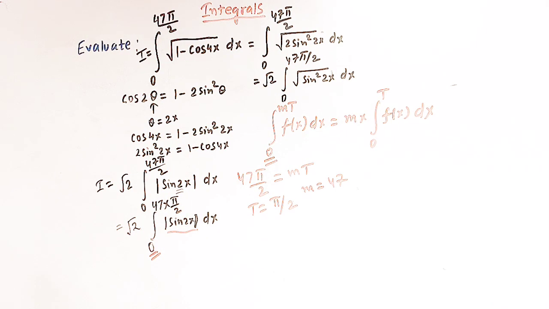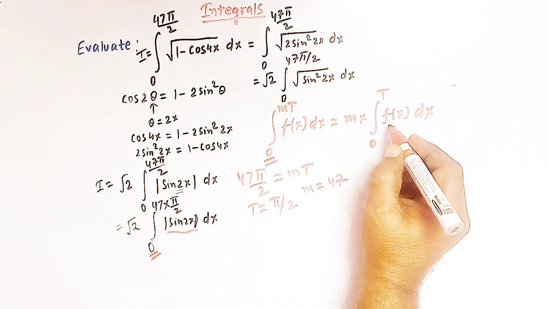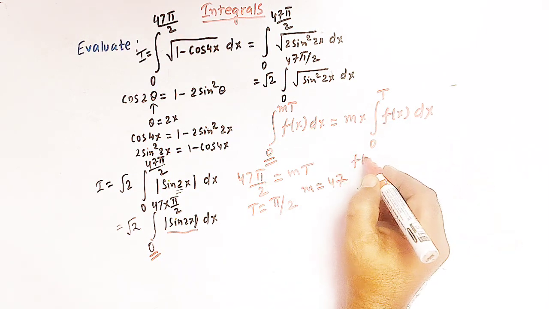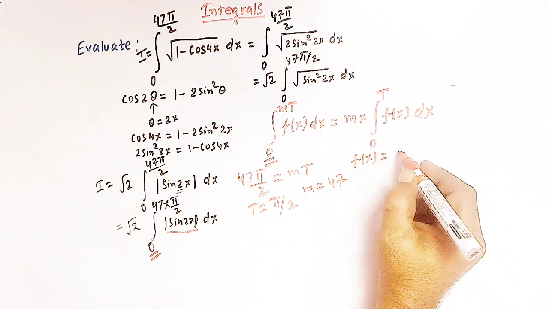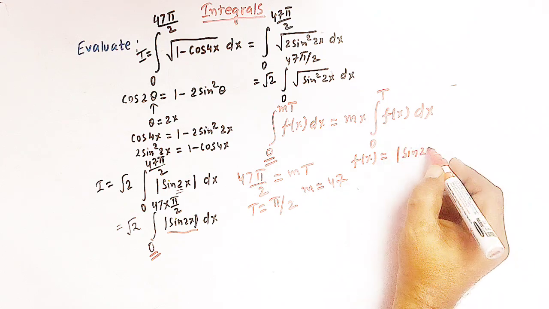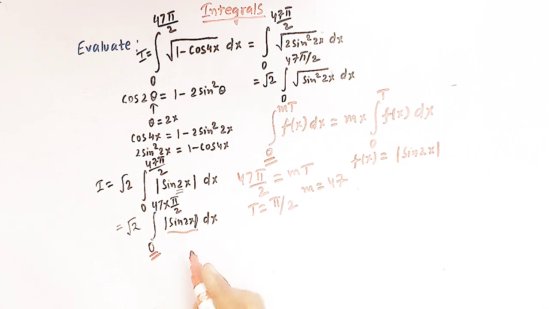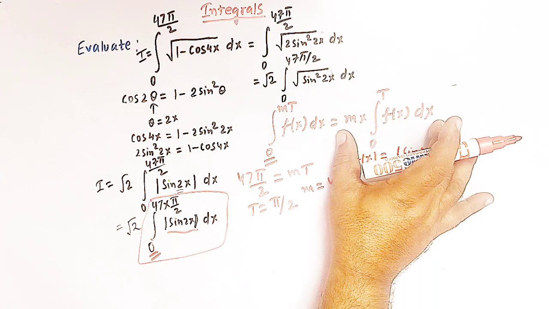And obviously the periodic function f of x is mod of sine 2x. So now the value of this integral is given by this expression.